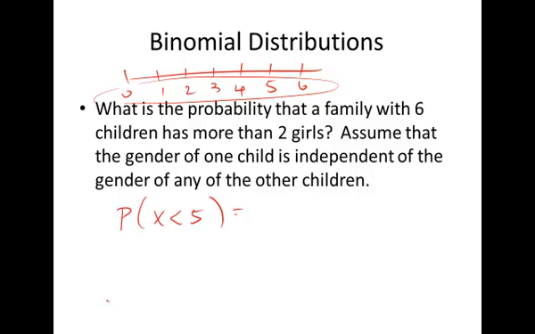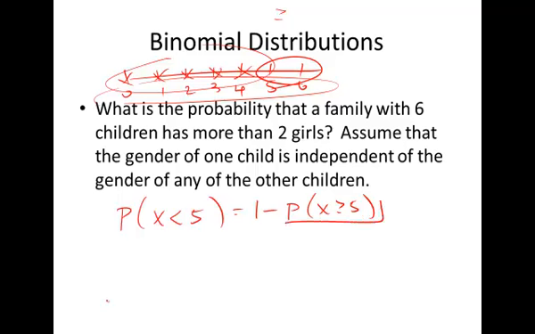So less than 5 would be either 4, 3, 2, 1, or 0, okay? But that's 5 different things to calculate, and I can't directly use the CDF because CDF uses greater than or equal to. But what I can do is say that's 1 minus the probability that X is greater than or equal to 5, right? Because 5 and 6 accounts for greater than or equal to 5.